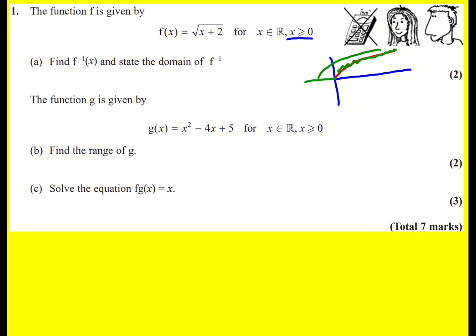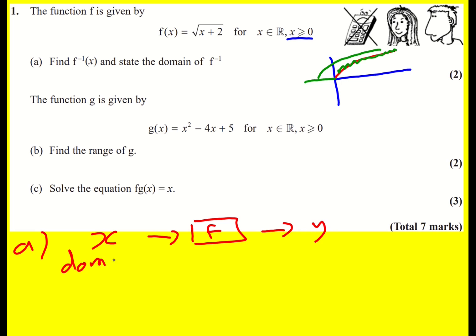We're interested in the inverse function and in stating the domain of this inverse function. Well, for a function, x goes through this sort of function machine and we get a y. We have an input, we have an output. The domain is what you put in, and the range is what you get out.